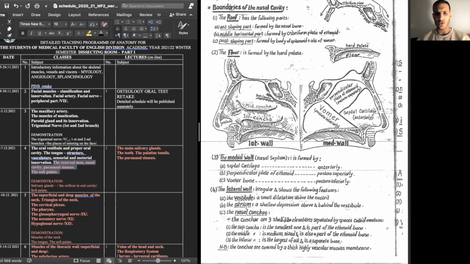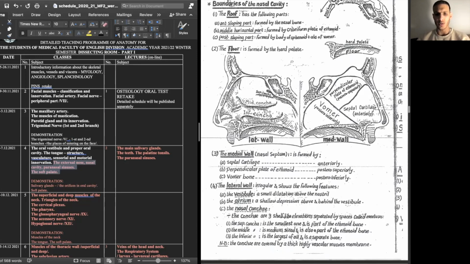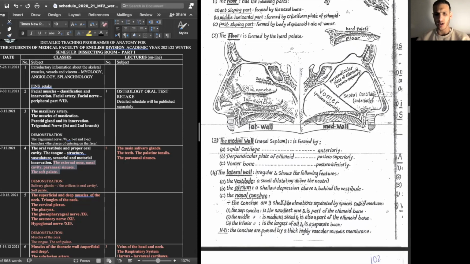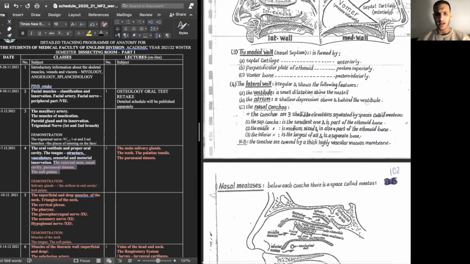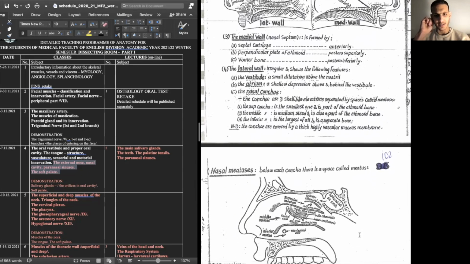The atrium, a shallow depression above and behind the vestibule. Then the nasal conchae: middle, inferior, and superior conchae. You can go ahead and read about them even more. The concha is covered by a thick, highly vascular mucous membrane. Just remember that.